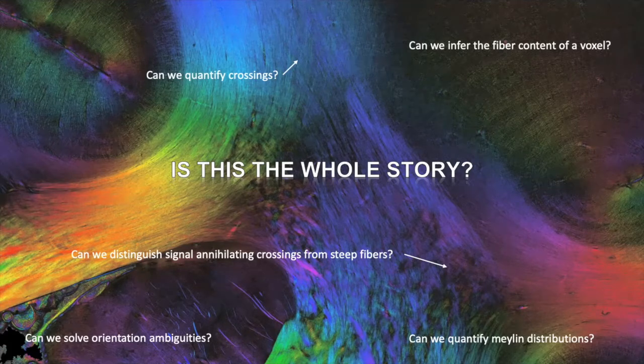Or if you have a region of fibers or fiber tracts which are coming directly perpendicular out of the sectioning plane, you also see hardly any kind of signal. So how can we distinguish those situations?